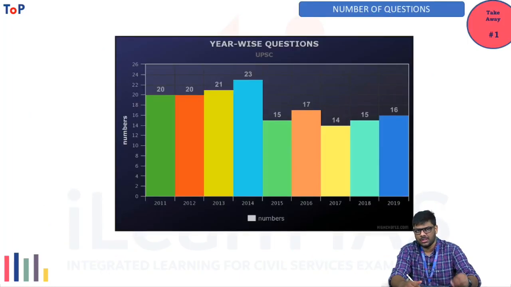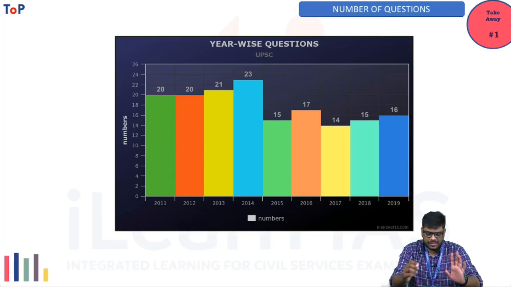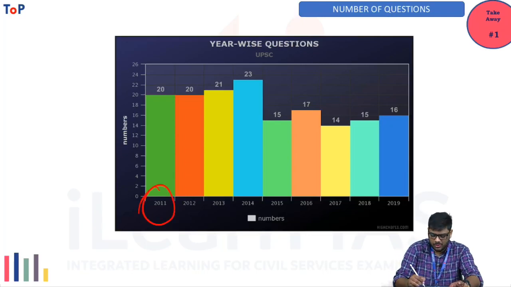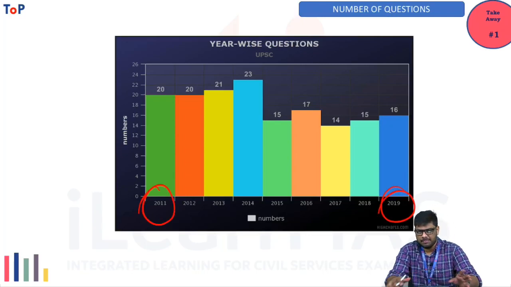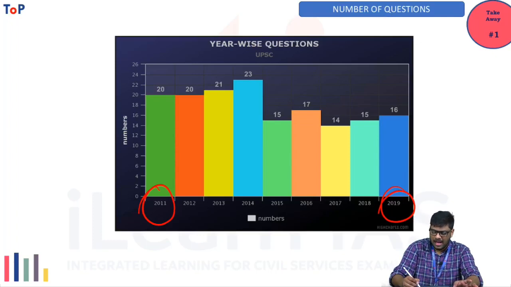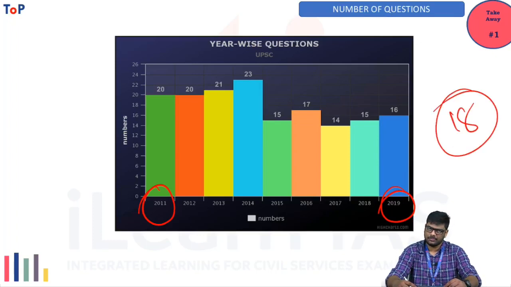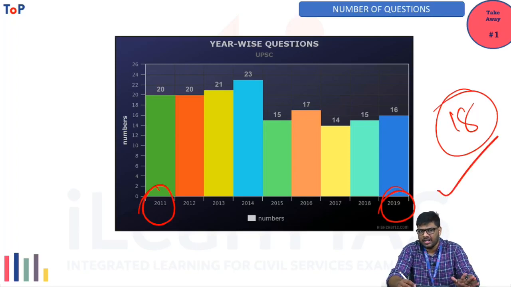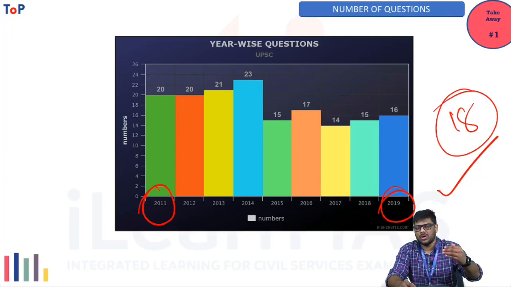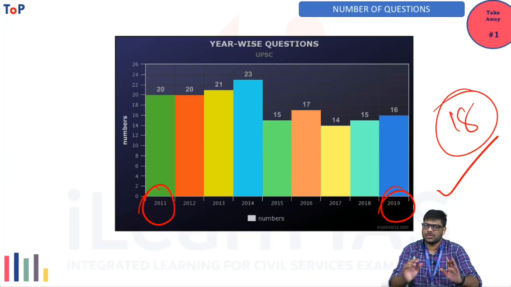This graph shows the total number of questions asked every single year from 2011 to 2019. The number remains almost the same and the average would be 18. So this is the first takeaway. There is a high hit ratio in environment and a high possibility to get those 18 or 20 questions correct.